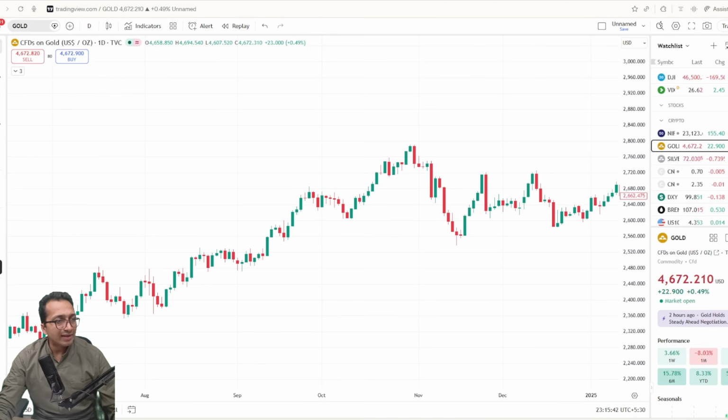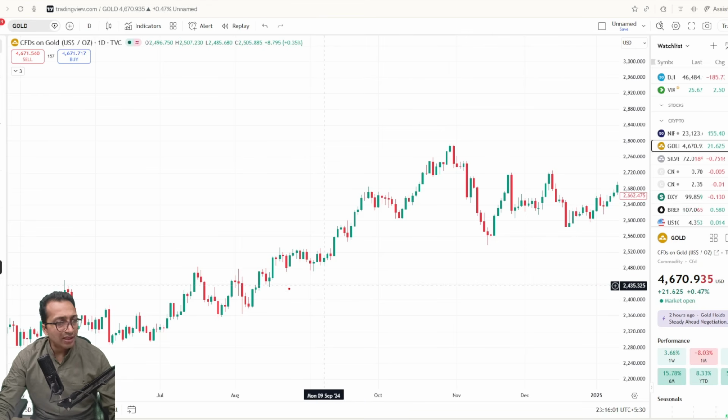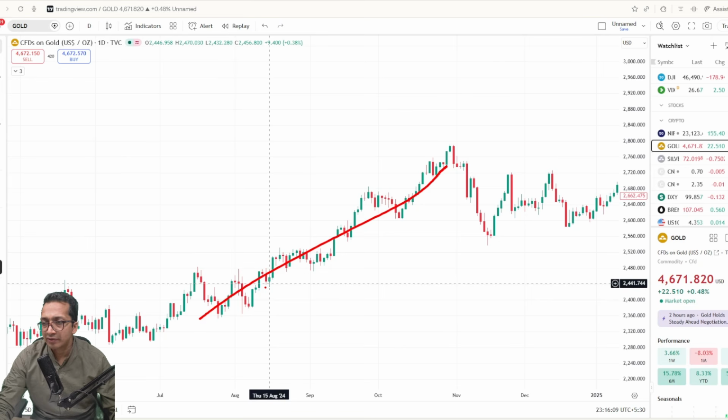So now one very critical aspect which you need to understand. You need to understand that a hammer or engulfing pattern, when it is made, you need to see where it is being made. So if it is being formed in the middle of the range, so this is the range, and somewhere in between if we are getting those hammers or engulfing patterns, they don't have much of a value.